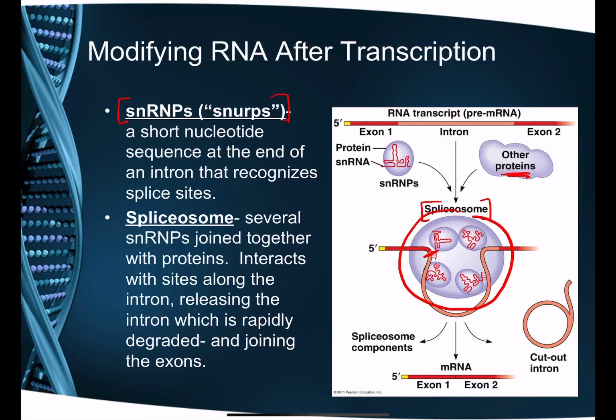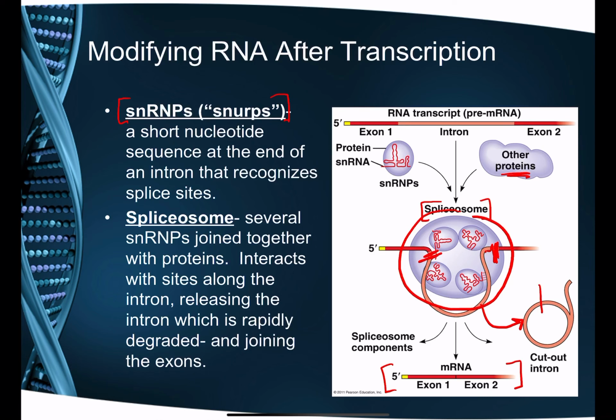And so these spliceosomes, made up of SNRPs, recognize the splice site from the introns to the exons, and they cut those introns out. So you see the cut out intron being released here, okay? And then they piece together the exons to end us up here with our final mRNA sequence, okay?